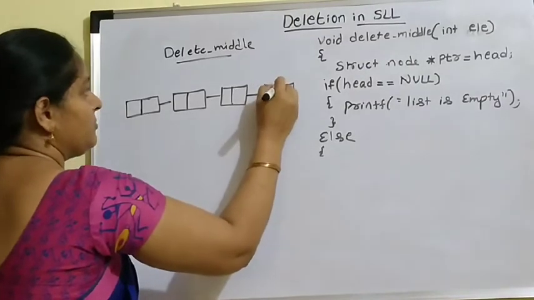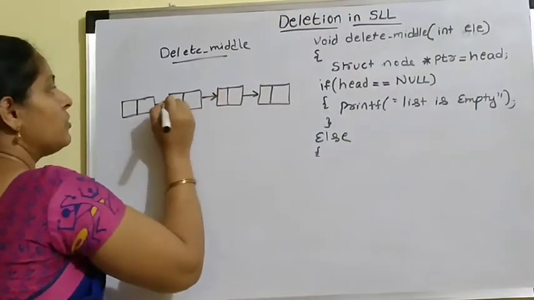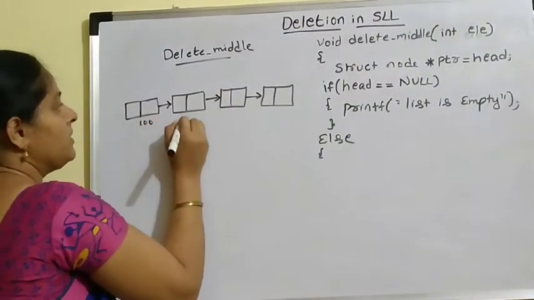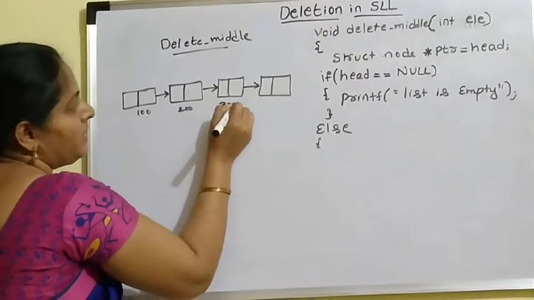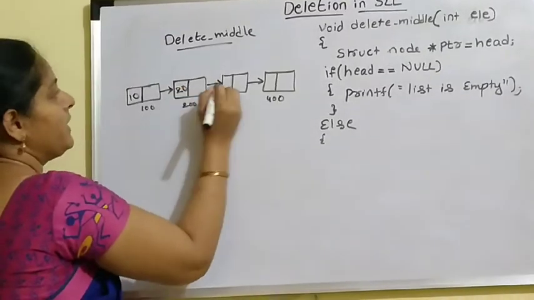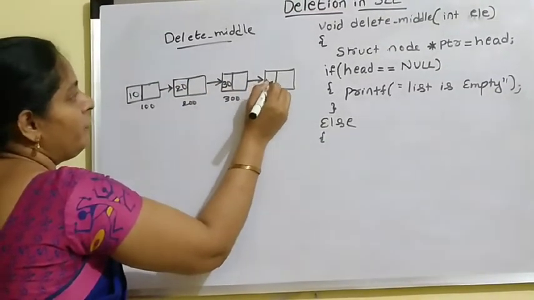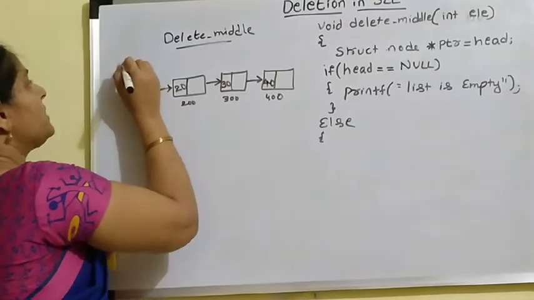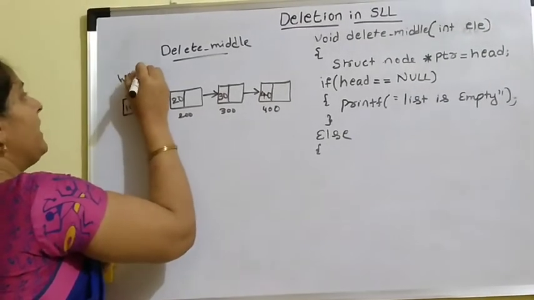Just assume that here we have 4 nodes in the list. Addresses 100, 200, 300, 400. The nodes are 10, 20, 30, 40. This first node address is pointed to by the head pointer.